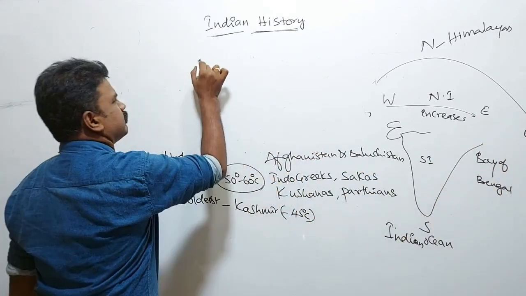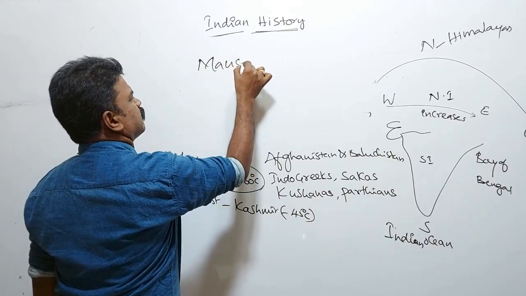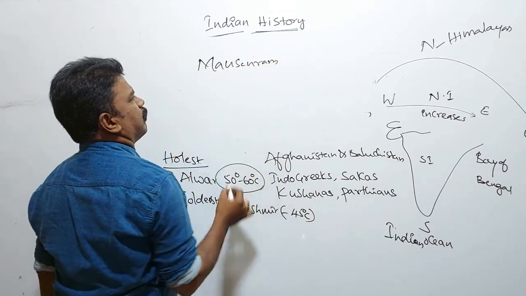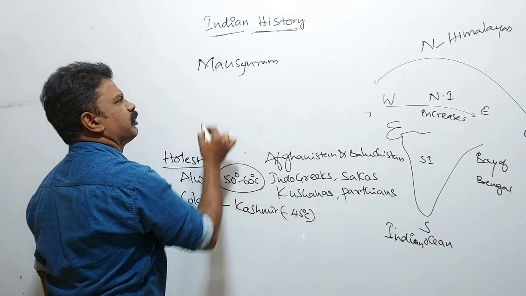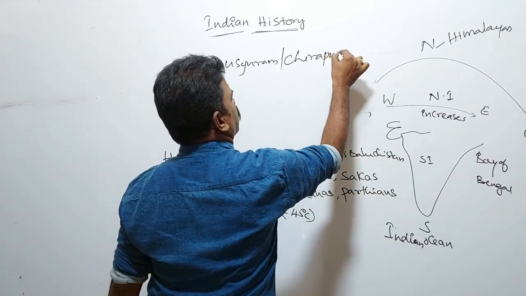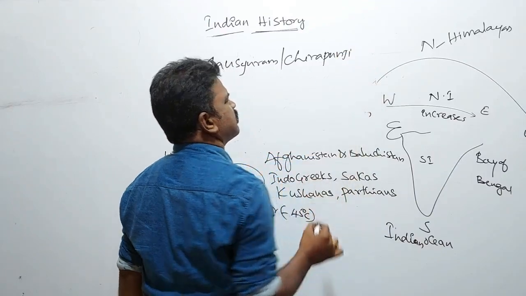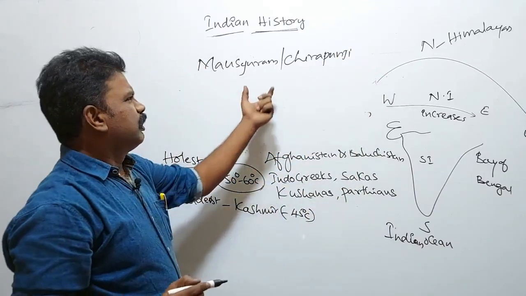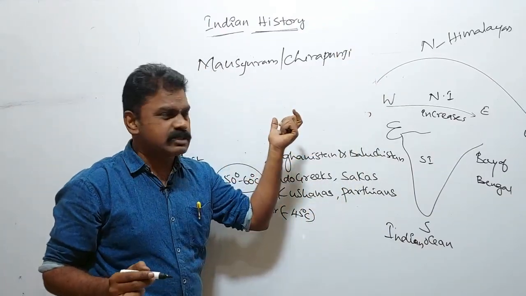Mawsynram and Cherrapunji, these areas in Meghalaya, were the highest rainfall areas.